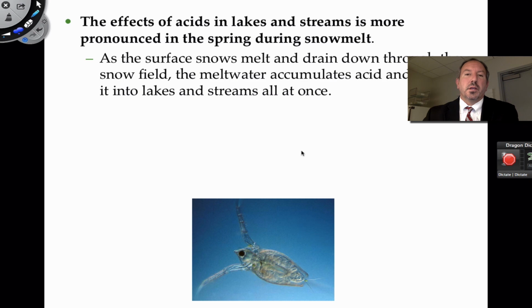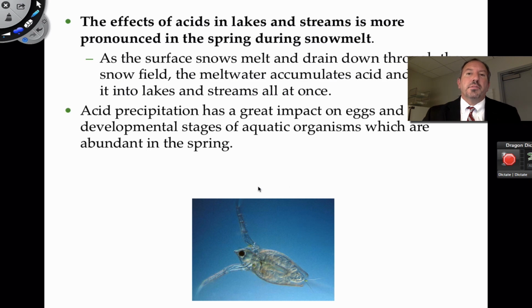And so, again, what's the problem with this? Well, the effects of acid in lakes and streams can be more pronounced, especially in the springtime, because in the spring, that's when the snow melts, and so you get this big flow, like waterfalls, and the river levels are really high, and that's when all of this acid starts getting introduced into rivers.